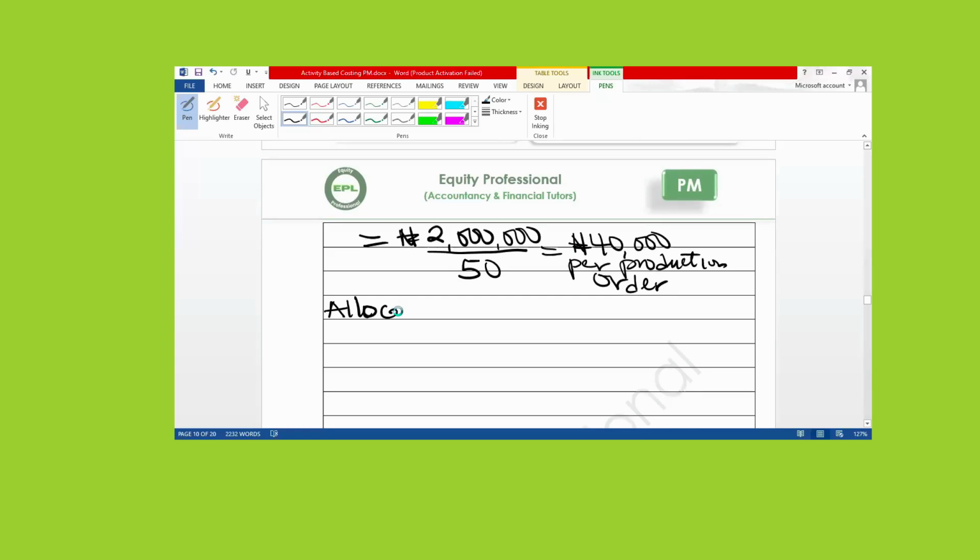Allocation. I have alpha, beta, gamma. Production orders for alpha, 15. For beta, 10. For gamma, 25. At a rate of 40,000 naira.